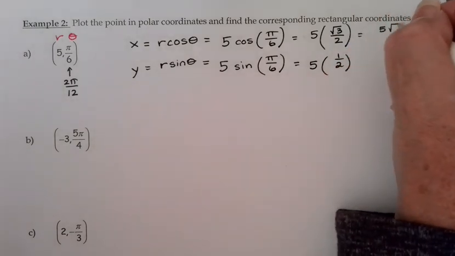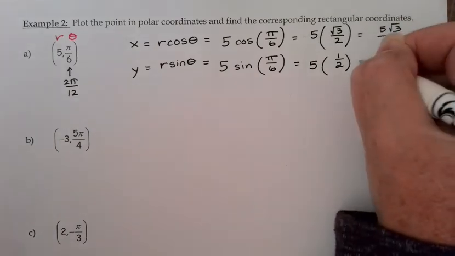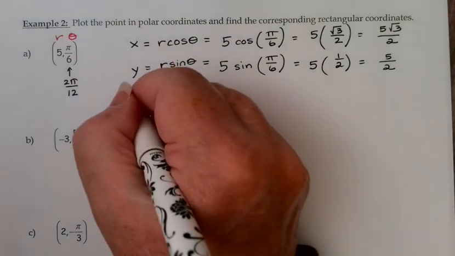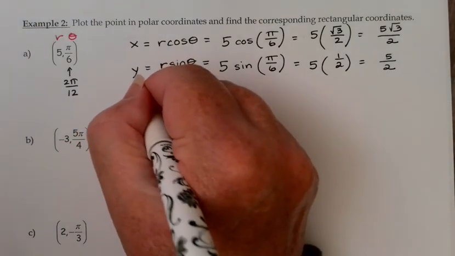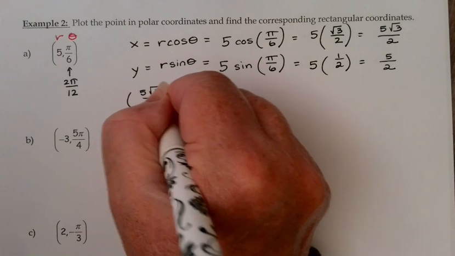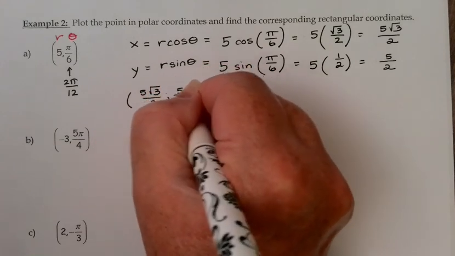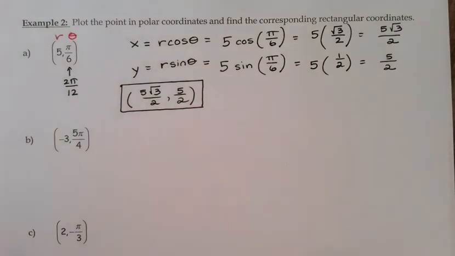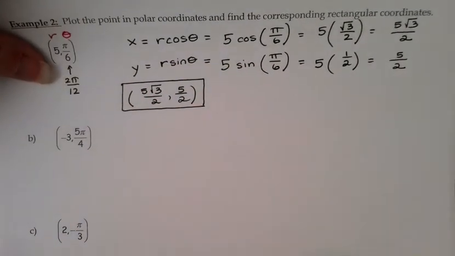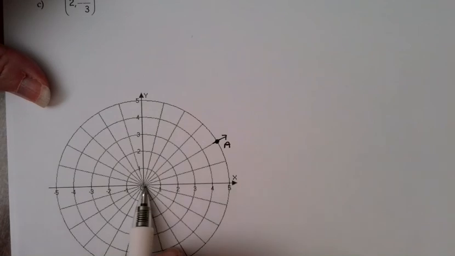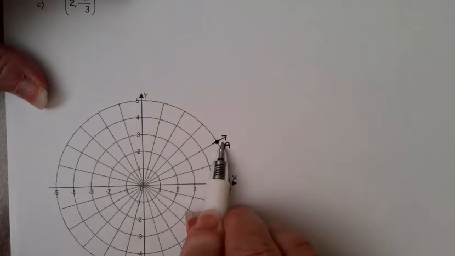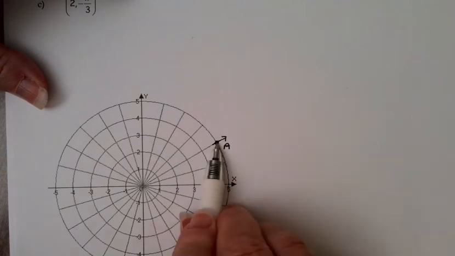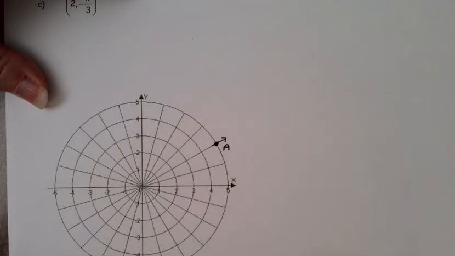So I just get 5 square root 3 over 2 and 5/2. And so my rectangular coordinates are now right there. And notice what that's saying is that if I were to locate that point by going over and up, I'd be going over 5 square root 3 over 2 and up 5/2.